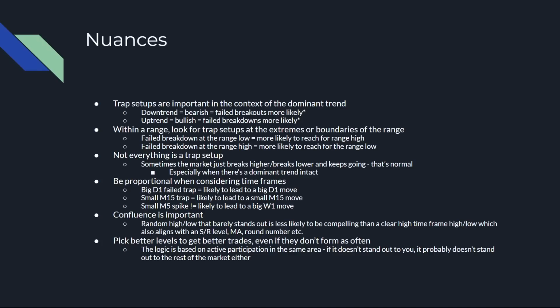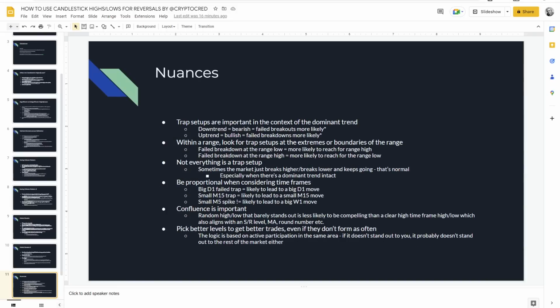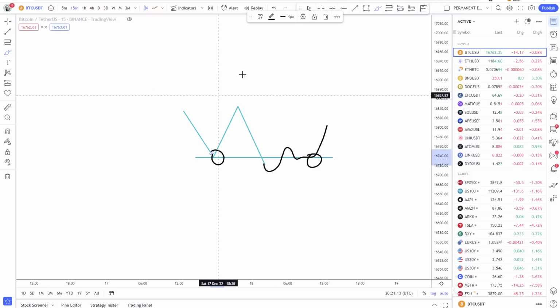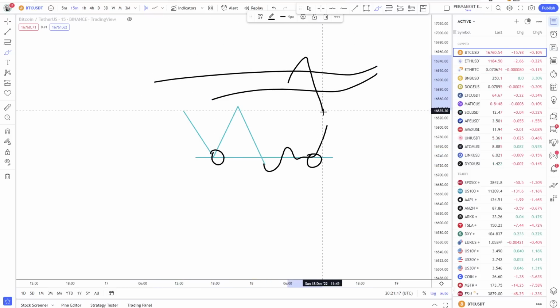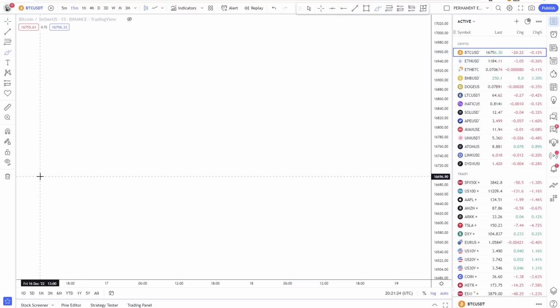Sometimes the market just breaks higher or breaks lower and keeps going, and that's normal, especially when there's a dominant trend intact. Can you imagine if the market just worked on these types of spikes and failed breaks? The market would literally never go anywhere. You'd just have the same range, spike one side, spike the other side, and the market would be garbage. And as we've observed, the market does trend and have a directional bias from time to time.